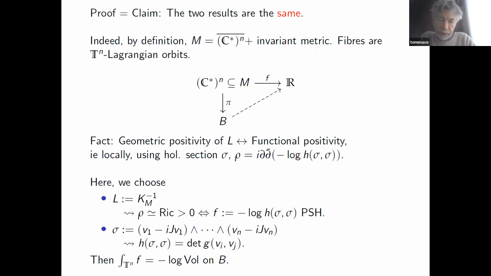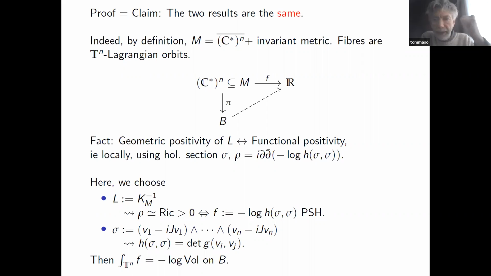So in Kähler geometry, what we will do is we will use the anti-canonical line bundle so that the curvature of the line bundle is the Ricci curvature of the manifold. And the holomorphic section will be generated by the group action. So if you do the calculation, the length of that section is simply the density of the volume form along the orbits of the group action.